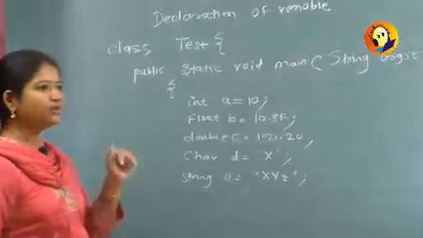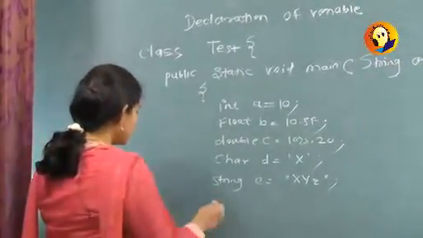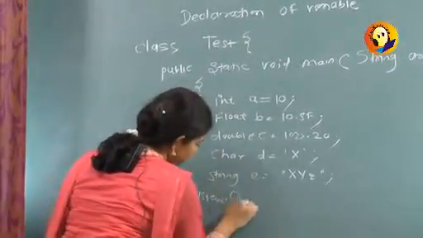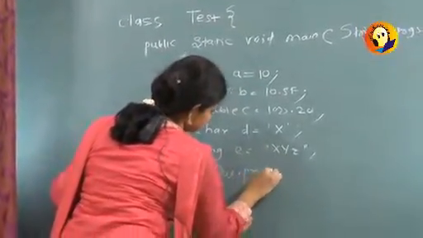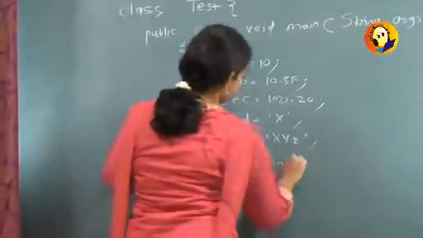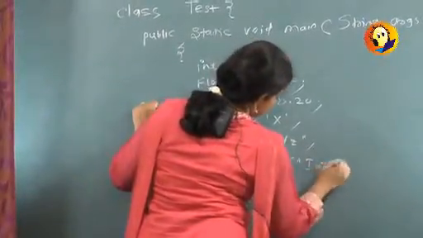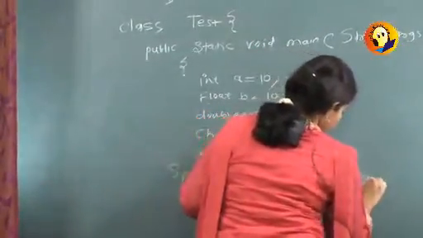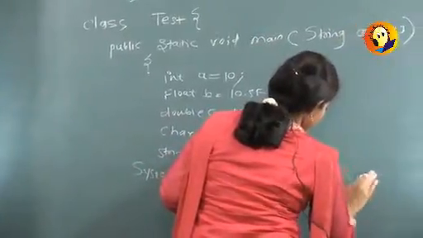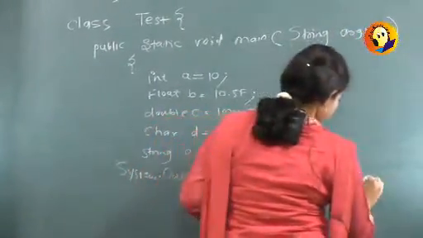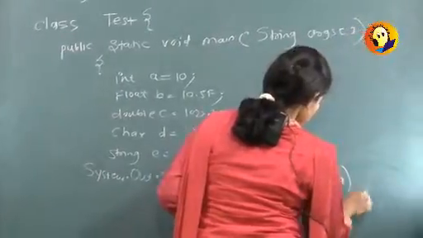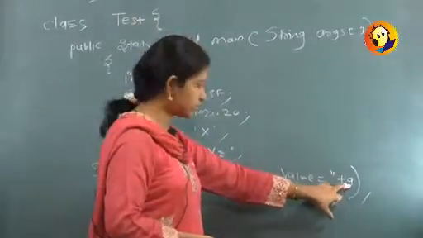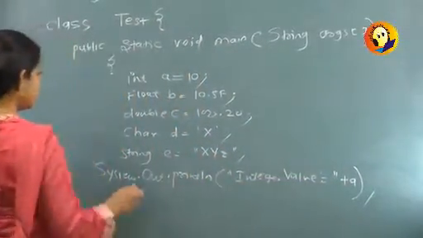For displaying anything on screen in Java, I need to use System.out.println. System.out.println, "integer value is equal to", I need to display the value of A on screen, so I need to use the concatenation operator plus and the value of A. So it will display the value 10 on screen.